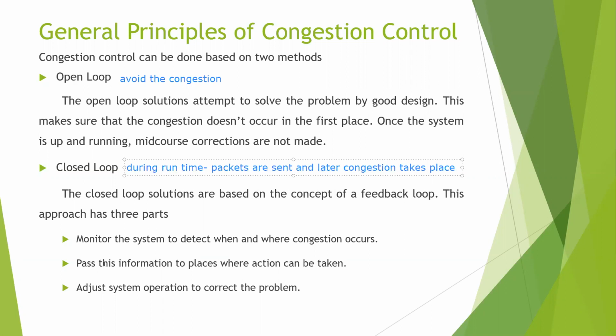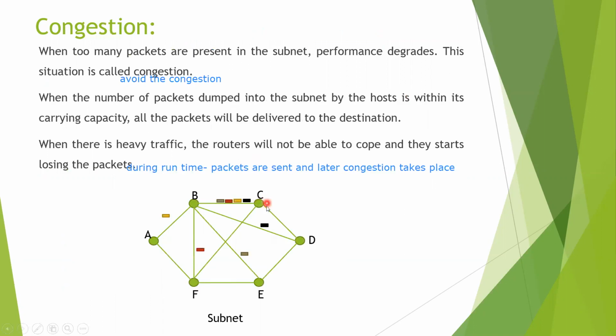Then the second thing is to pass this information to the places where action can be taken. For example, if the congestion has occurred at this place, then during runtime, in closed loop, we send this to all the other routers or stations, so that they can slow down the sending of packets, or even stop for a time interval, let us say t milliseconds.